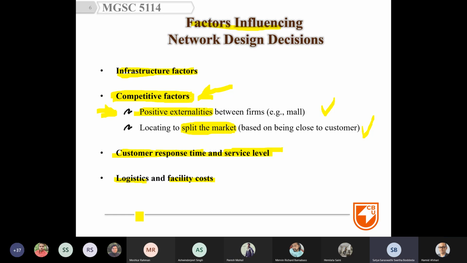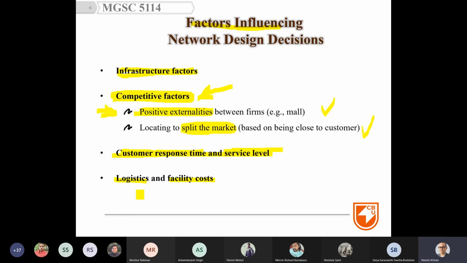Low cost. So yeah, that's very clear. And on the other side, if you are living in a country where the fuel price is very high, you don't have well established roads, and the price of making a warehouse is very low, what should you do? You should have more facilities, instead of thinking about transportation.